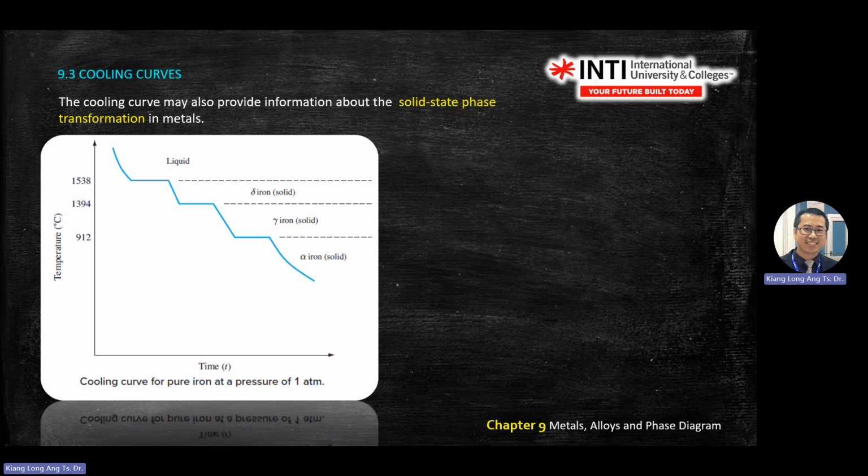Different metals have different melting temperatures, here 1538. Starting from melting temperature, you start cooling down. The first type of metal will form delta. Drop the temperature again, delta will change to gamma. Then at 900, gamma will change to alpha.